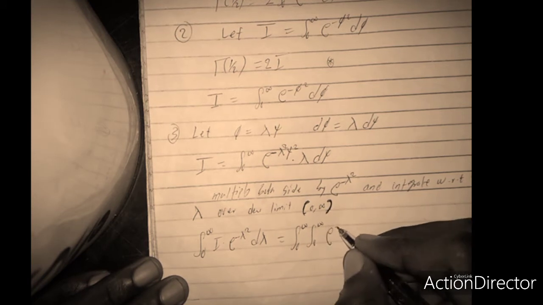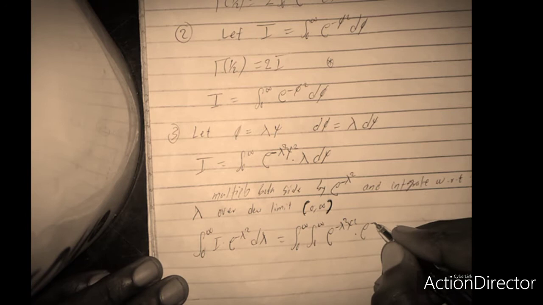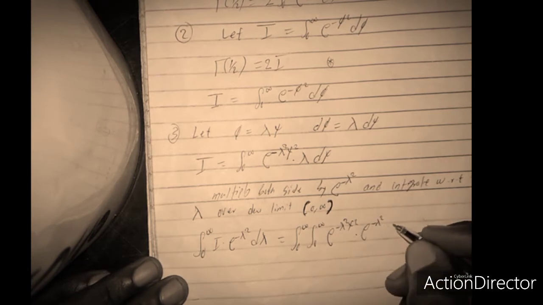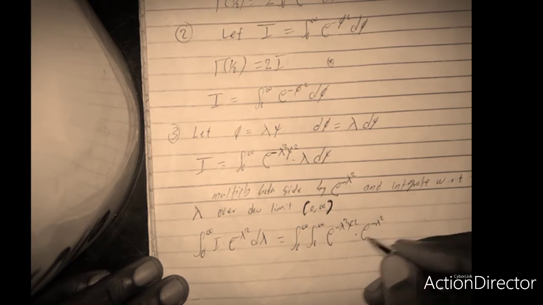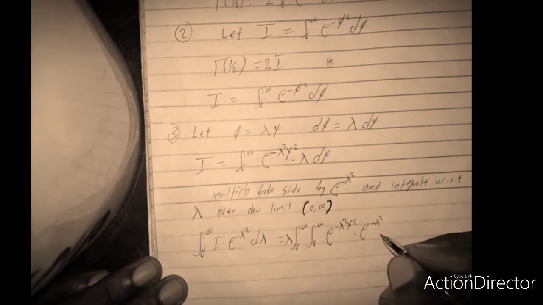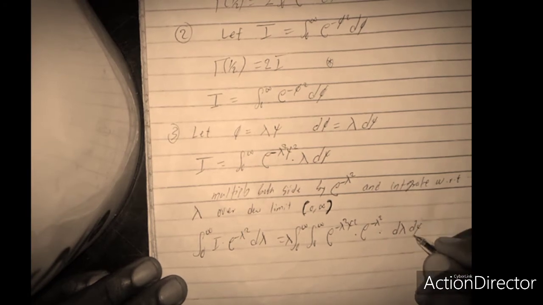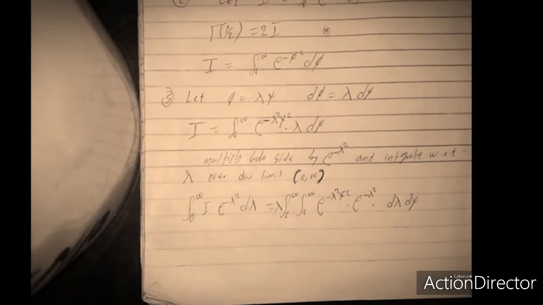Now this will be e to the minus lambda squared psi squared times e to the minus lambda squared. This is my lambda. Let me bring it out here, lambda. So I'm bringing it out, multiplied by the lambda d psi, just as we have it there.